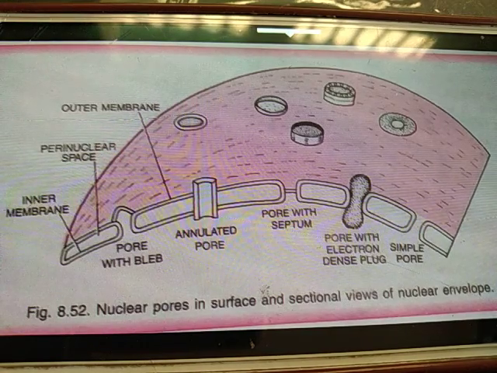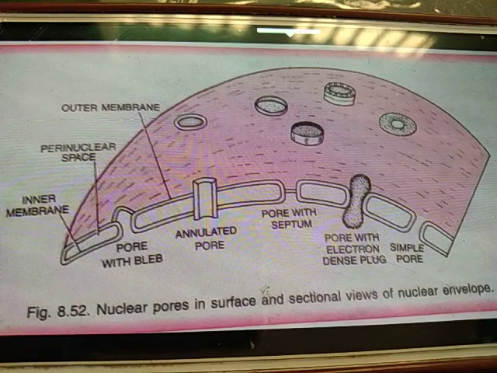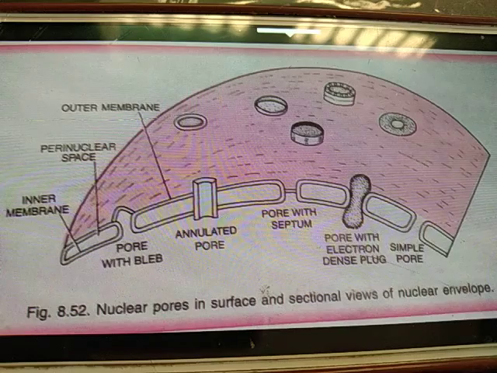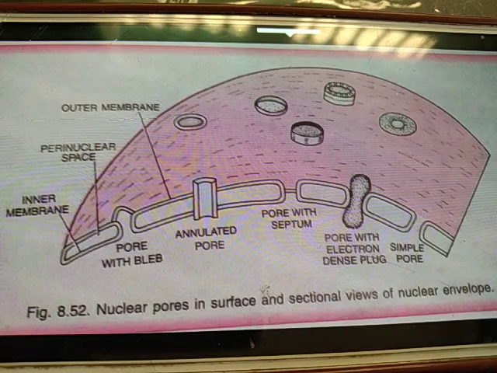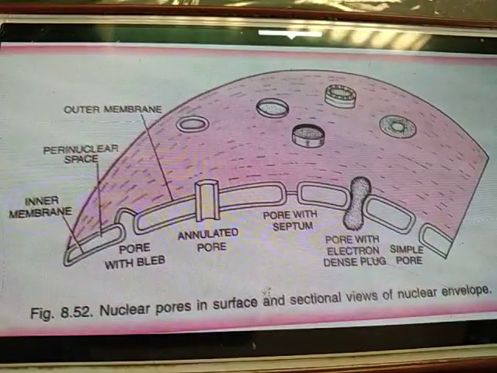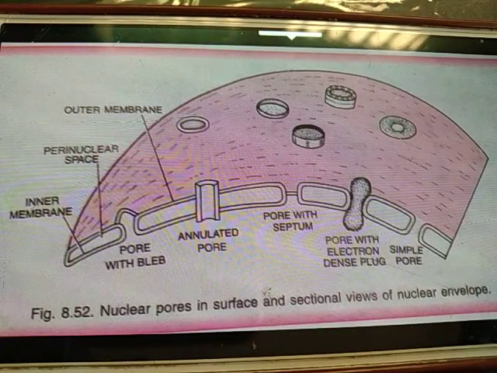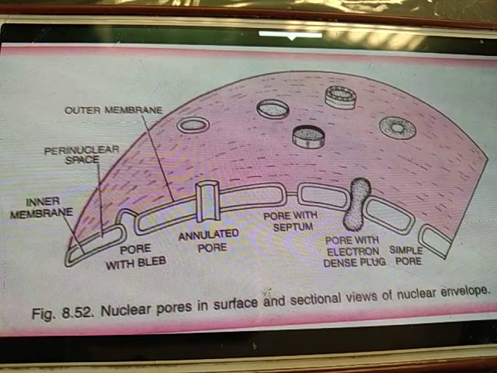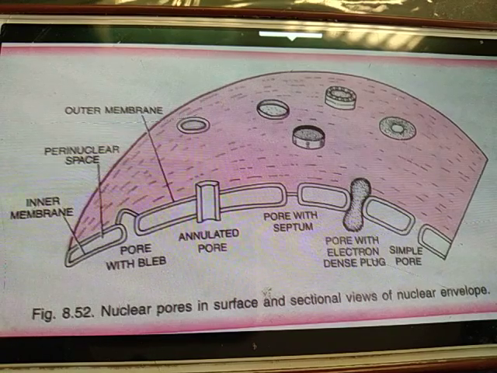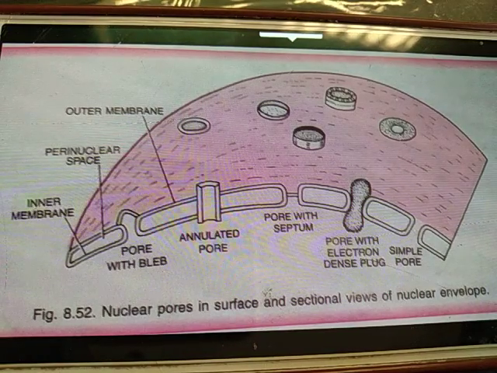It is made up of two lipoprotein, trilaminar membranes, each of which is 60 to 90 Angstrom thick. The inner membrane is smooth. The outer membrane may be smooth, or its cytoplasmic surface may bear ribosomes like the rough endoplasmic reticulum.